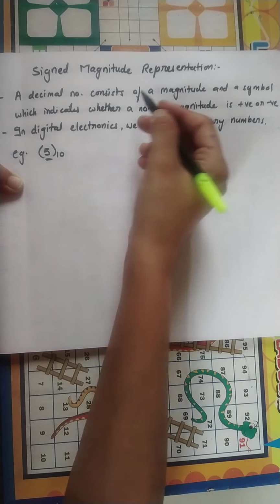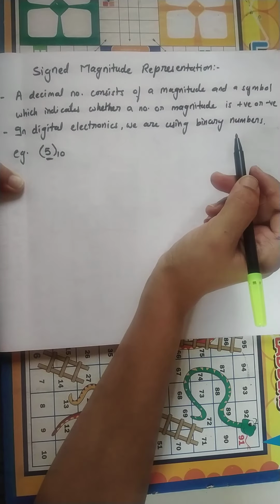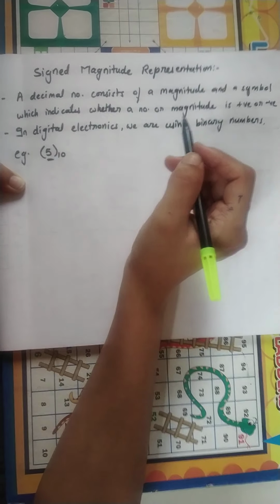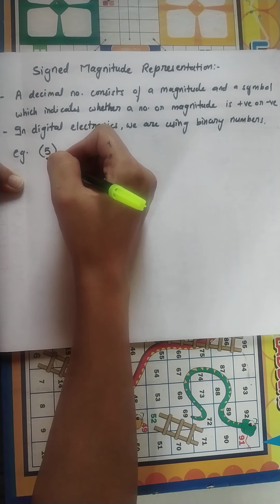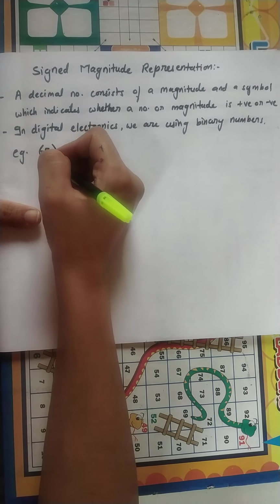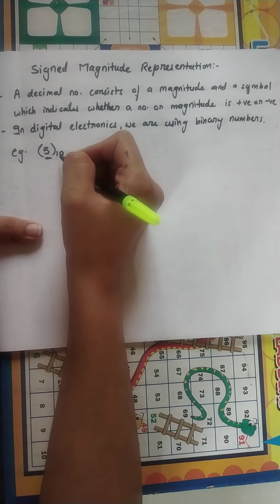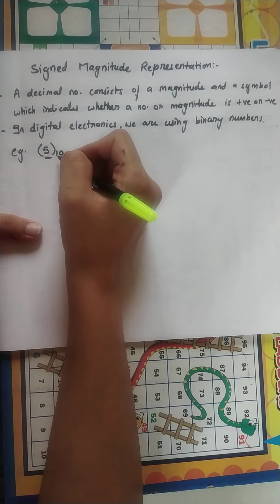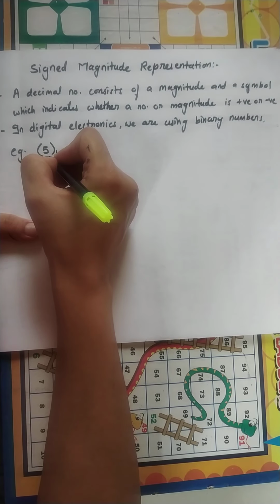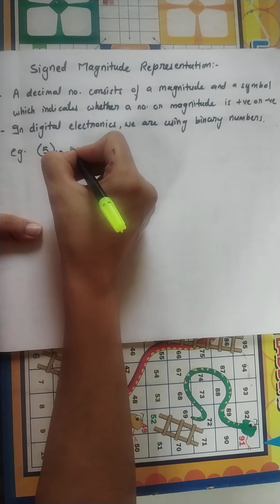Here we have seen that a signed magnitude number consists of a symbol and magnitude, but here only magnitude is present and there is no sign in front of it, so it is not a signed magnitude number. But I'll represent this decimal number as a binary number.